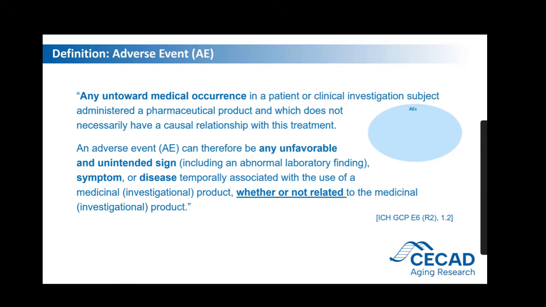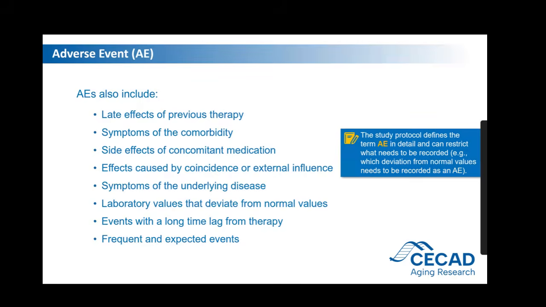So no matter what happens, we call all these events adverse events. And this includes, for example, late effects of previous therapy, side effects of concomitant medication, symptoms of underlying diseases, laboratory values, as we have just seen, that deviate from normal values. They all count as an adverse event. And usually the study protocol defines the term in detail.